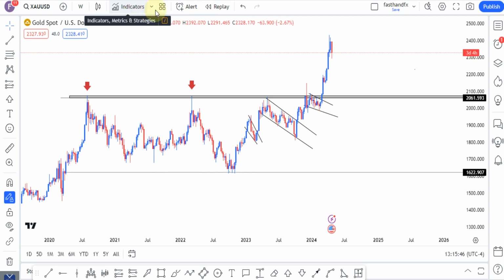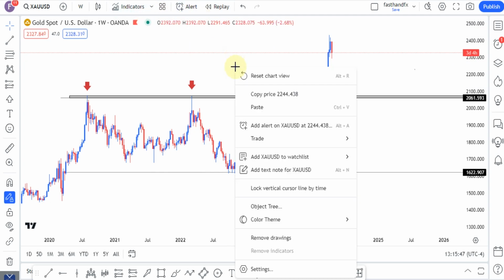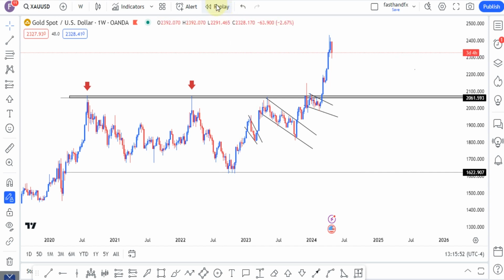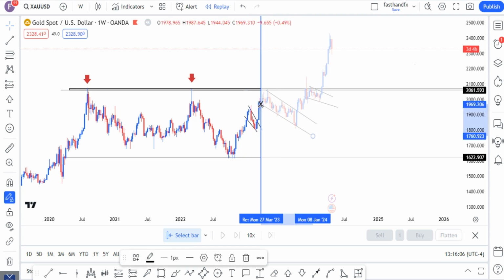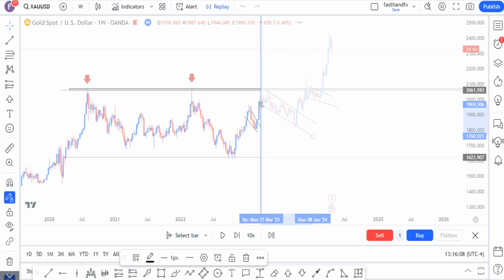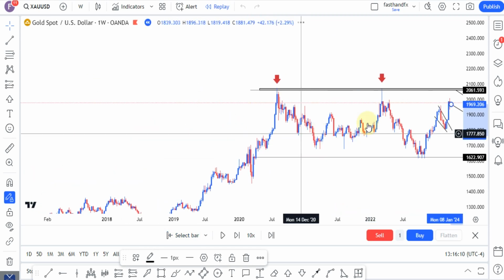So let's see how the market approaches this area. Then after that, we see how we could have taken advantage of this market.